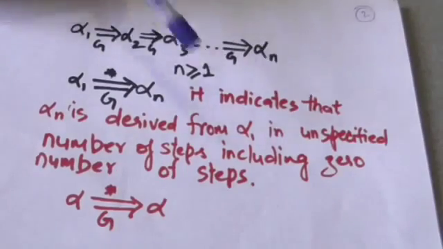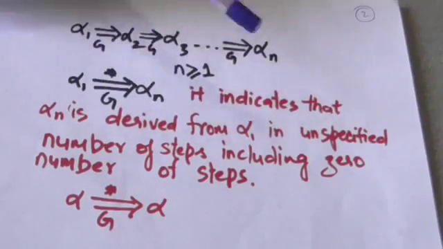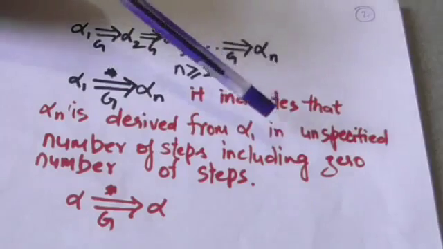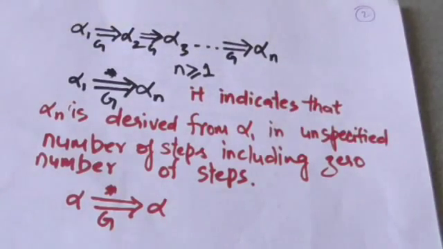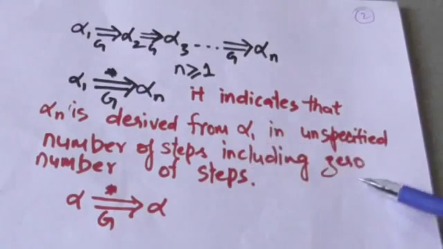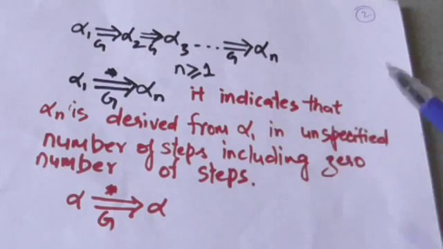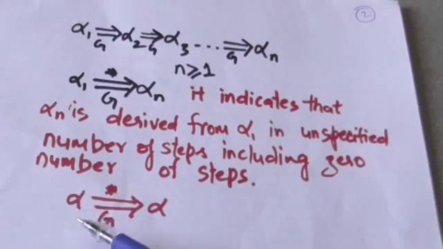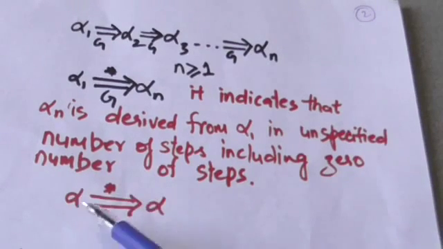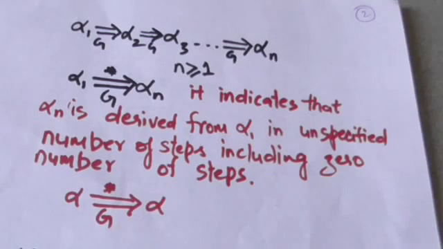It indicates that alpha n is derived from alpha 1 in unspecified number of steps, including 0 number of steps. So for each string alpha, this is also true, right?